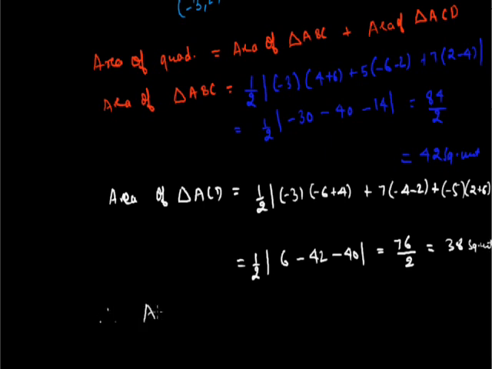Therefore area of quadrilateral is equal to 42 plus 38 equal to 80 square unit.